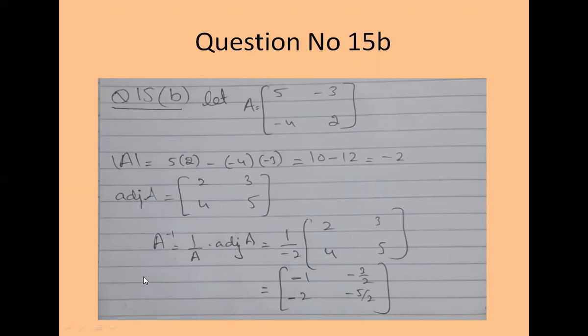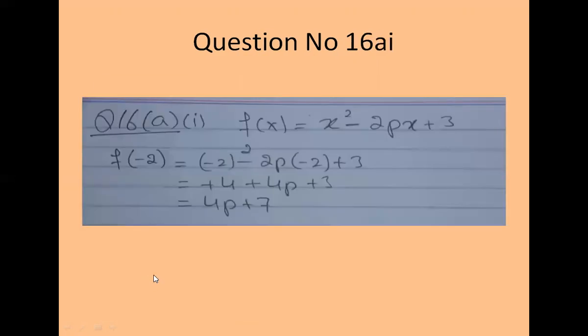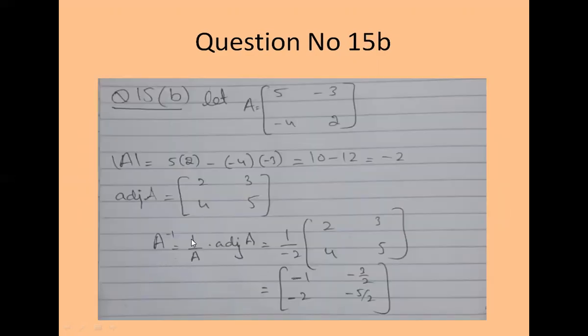The inverse of this matrix will be 1 by the determinant of A, into the adjoint of A, equals 1 by minus 2 times the matrix 2, 3, 4, 5.